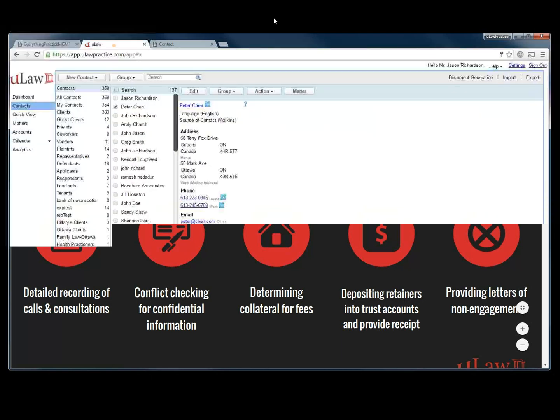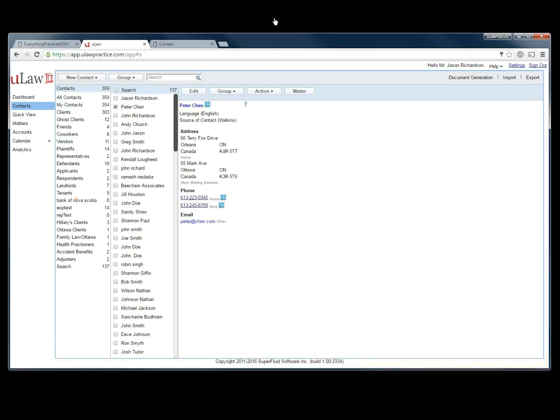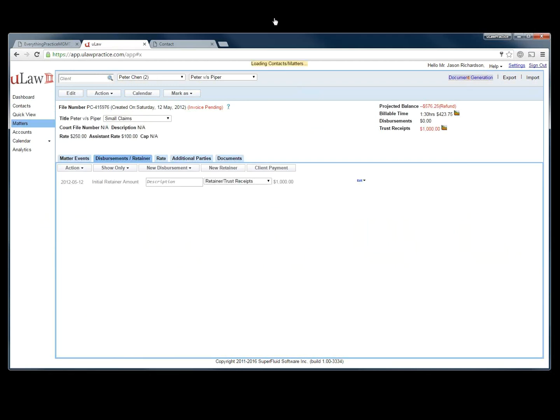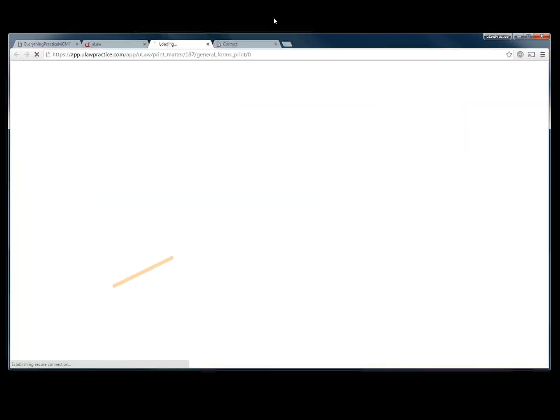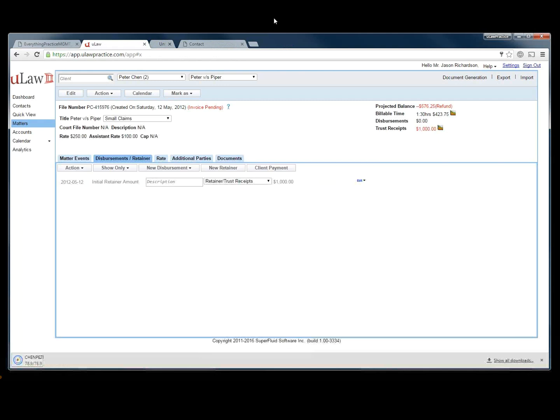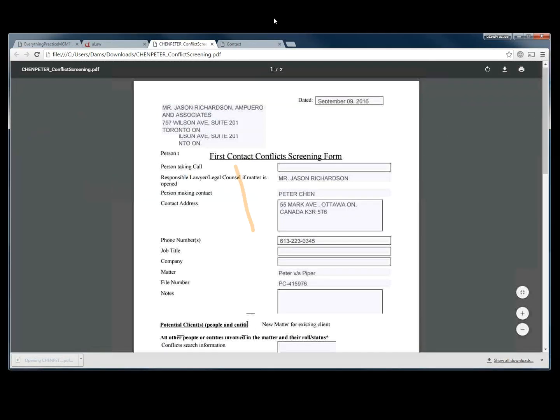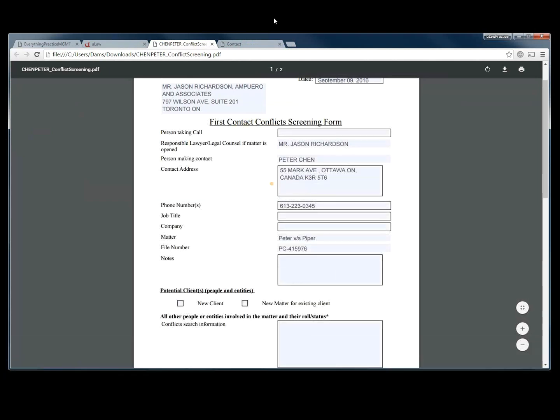But on top of it, you also need to have a conflict check document where you outline how this conflict was resolved. It should tell you the steps taken, who did the conflict check, and all those things need to be there. So a good conflict screening form, if you have that in your practice, can really go a long way.